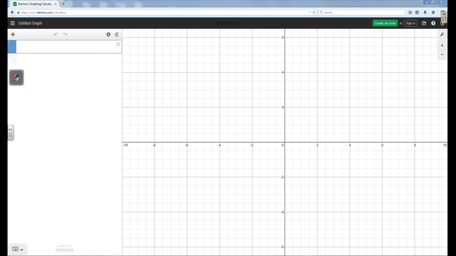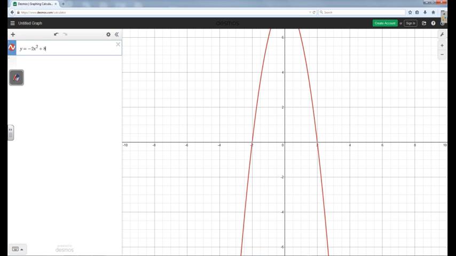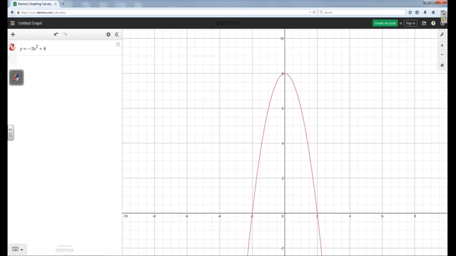So what was the equation? Y equals negative 2x squared plus 8. Was that your equation, guys? Yeah. Okay. So if I enter it in Desmos, you see the graph.